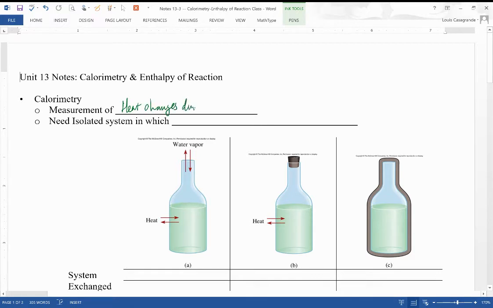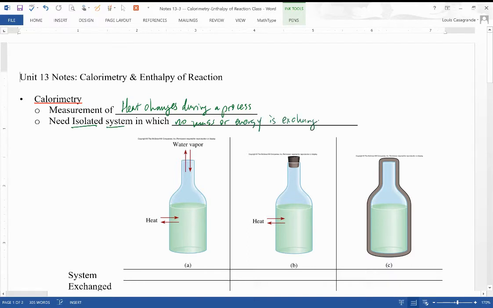during a process. And these processes can be chemical or physical. In order to focus in on the process that we're interested in, we need what we call an isolated system. And this is going to be a system in which no mass or energy is exchanged.